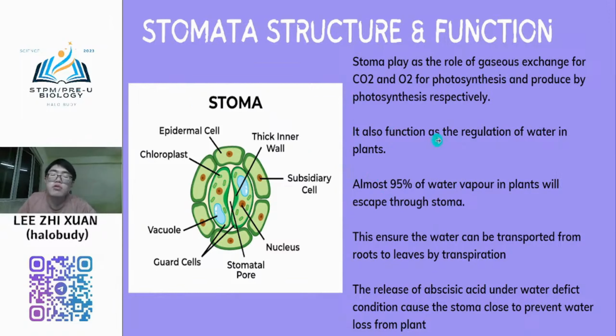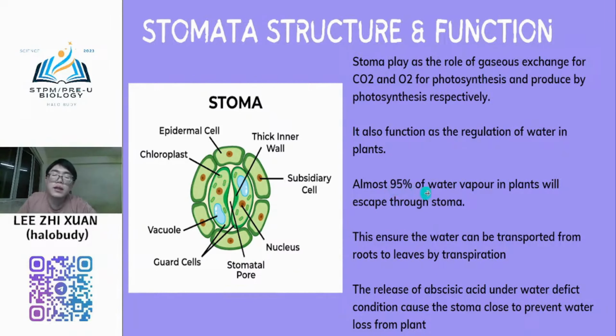It also functions in the regulation of water in plants. This function we will learn in chapter 8, transport in plants, which is the transpiration pull mechanism. Stomata are very important in the regulation of water, as water also passes through this structure.